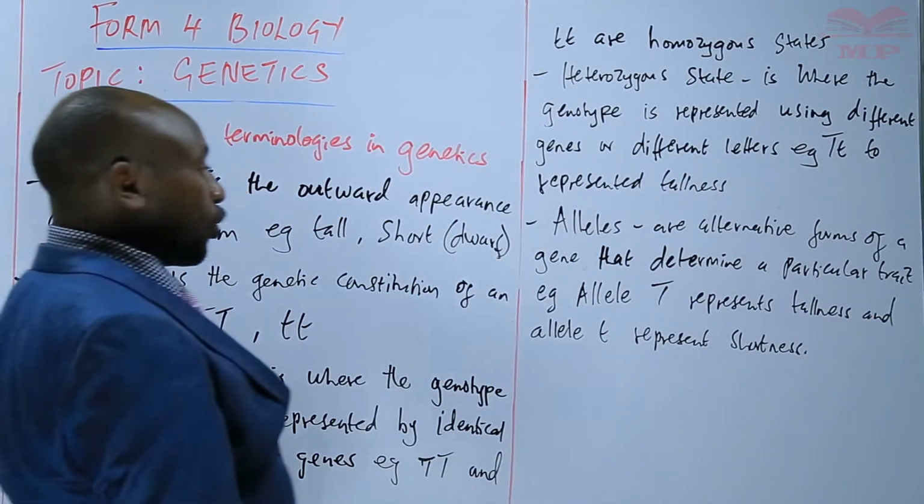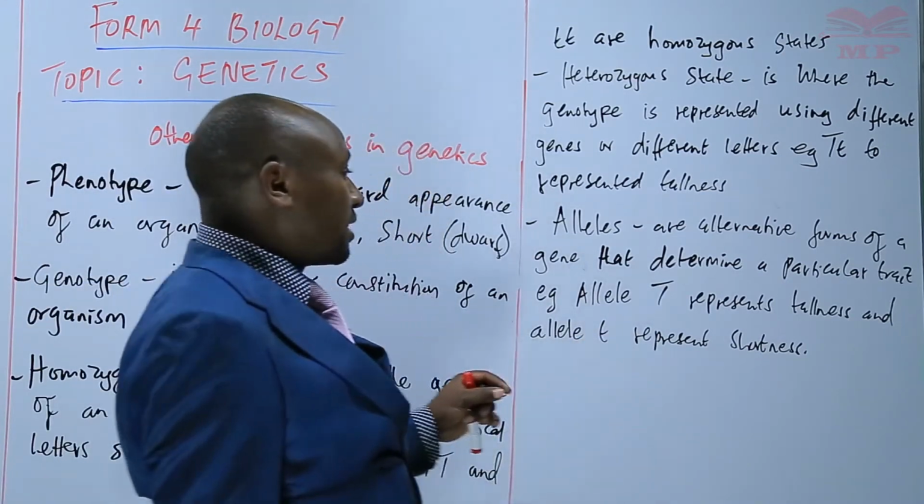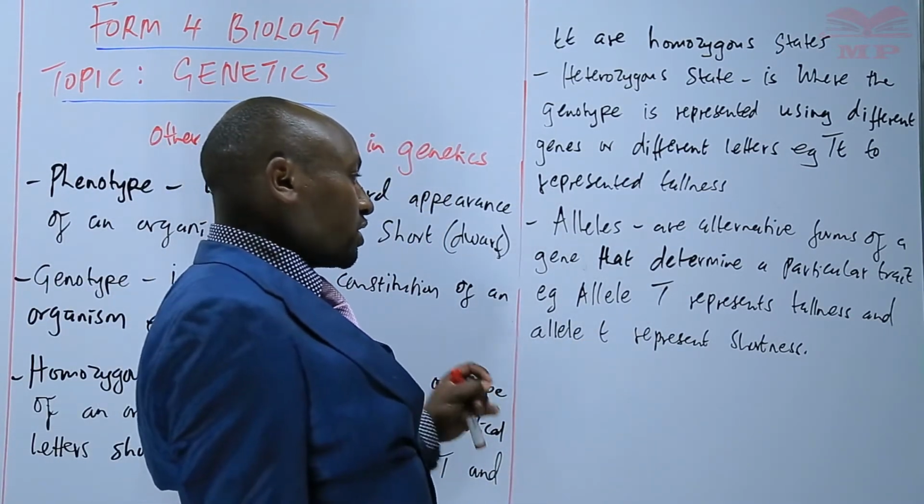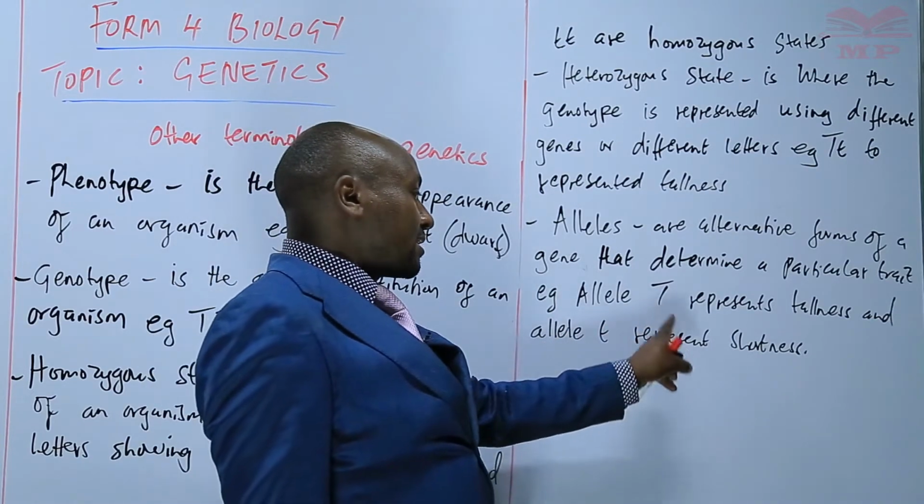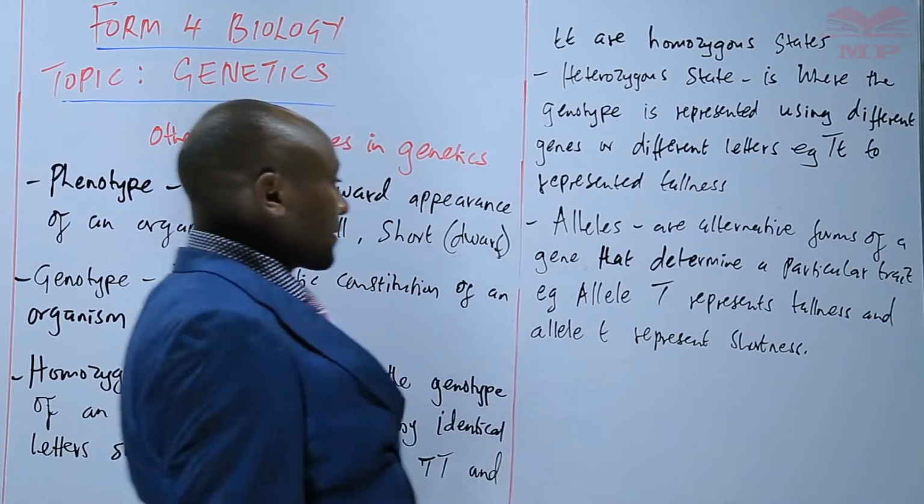So alleles are alternative forms of a gene that determine a particular trait. So T for tallness, small t for shortness.